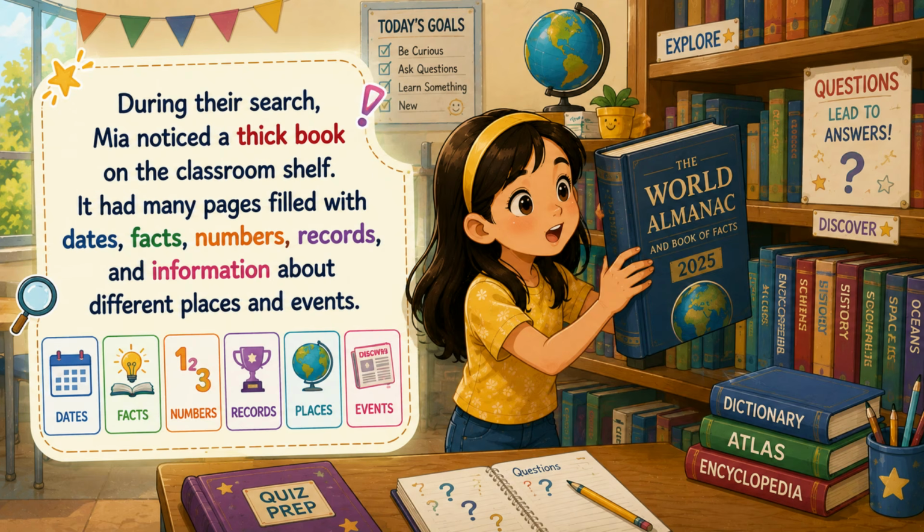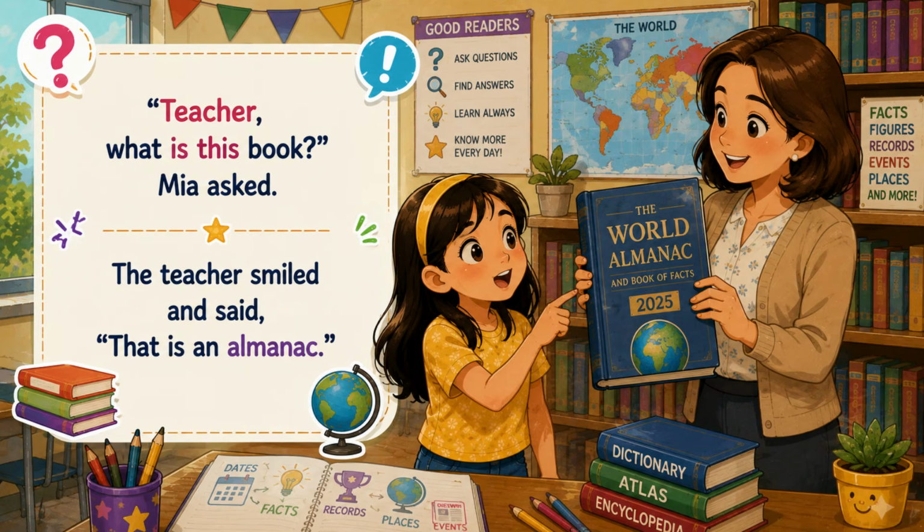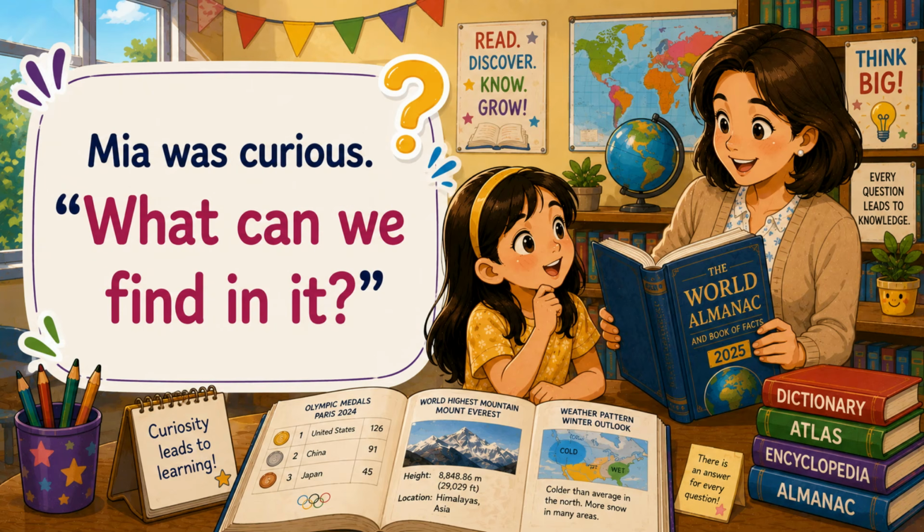During their search, Mia noticed a thick book on the classroom shelf. It had many pages filled with dates, facts, numbers, records, and information about different places and events. "Teacher, what is this book?" Mia asked. The teacher smiled and said, "That is an almanac." Mia was curious.